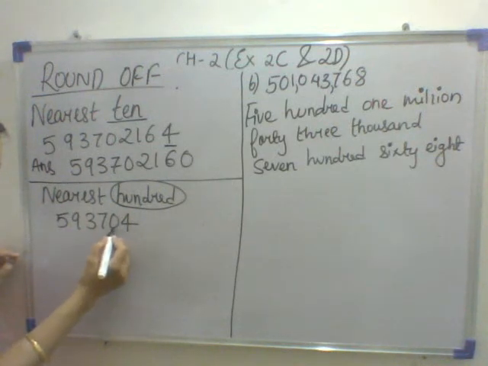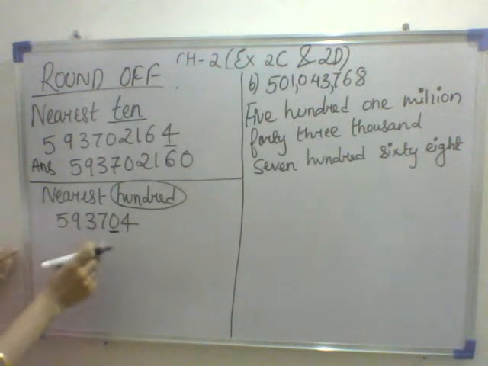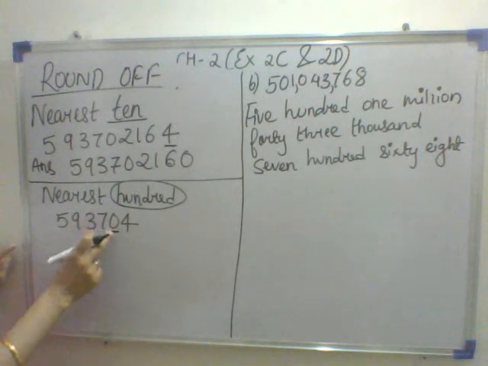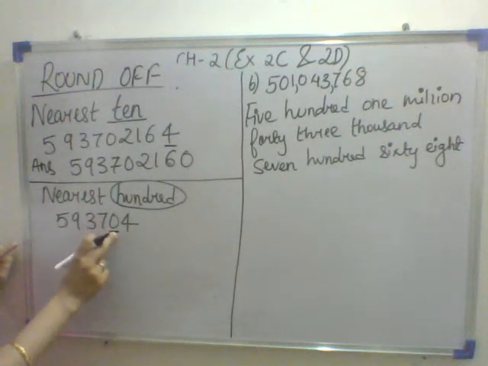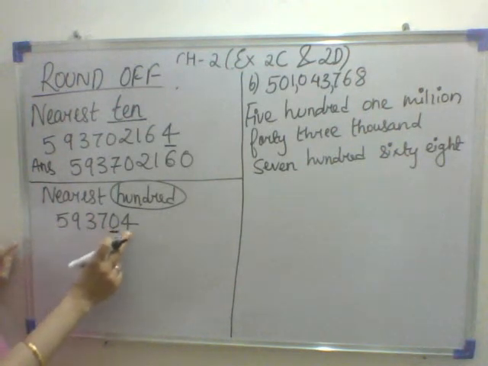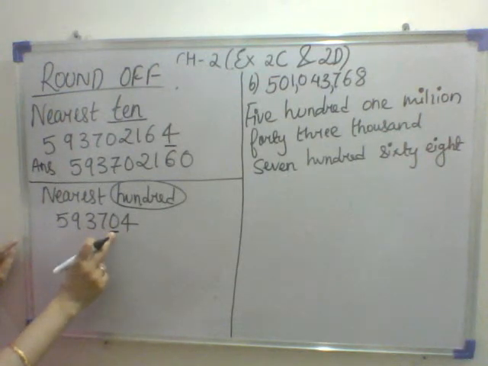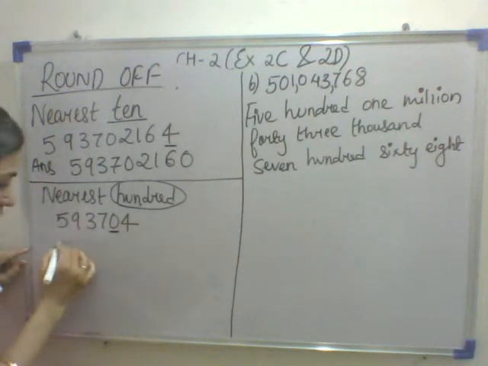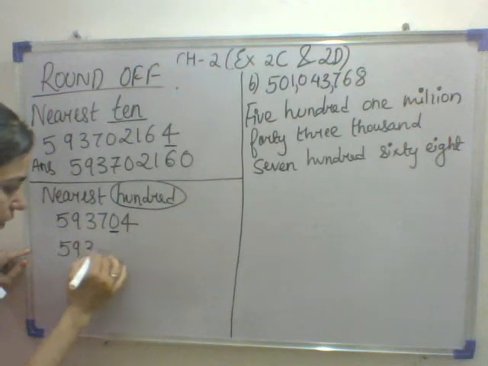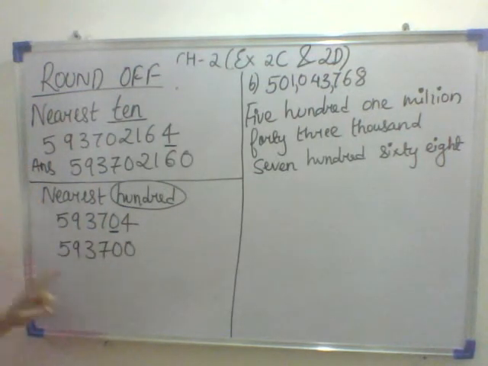This is ones, tens. At the tens place 0 is there. If the digit at the tens place is less than 4, then the digits at the ones and tens place will become 0. So our answer will be 59370.